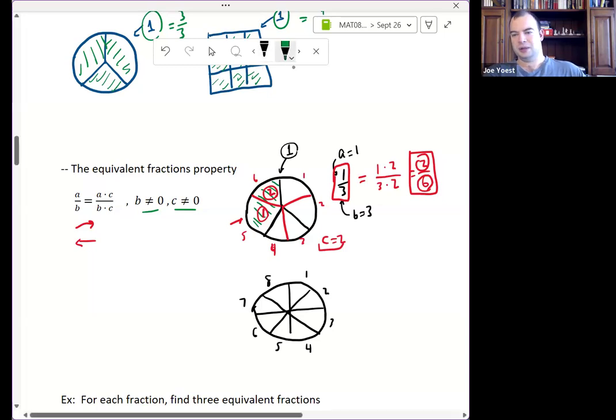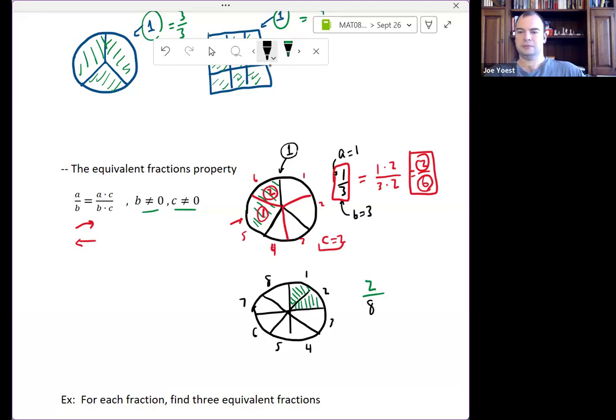And let's suppose that I'm in a situation where I have 2/8. So I have 2/8. But I kind of recognize that I could think about this in terms of fourths instead. And then I would just have 1/4.